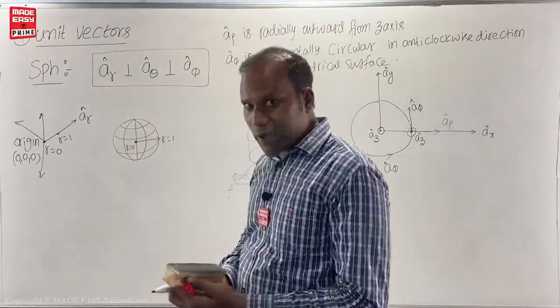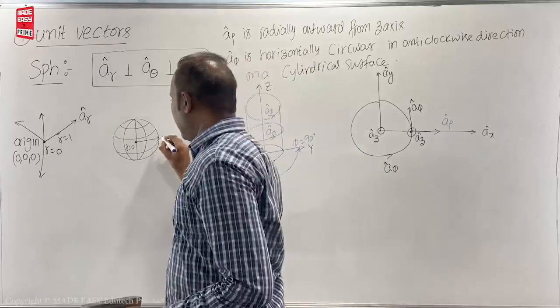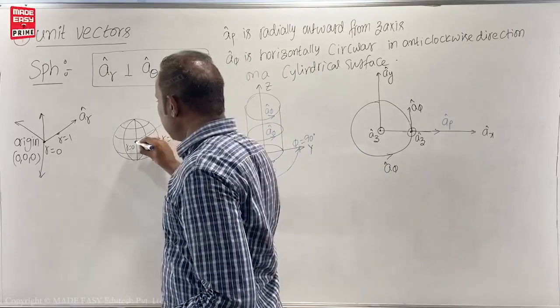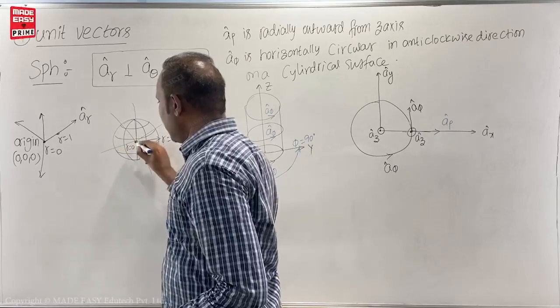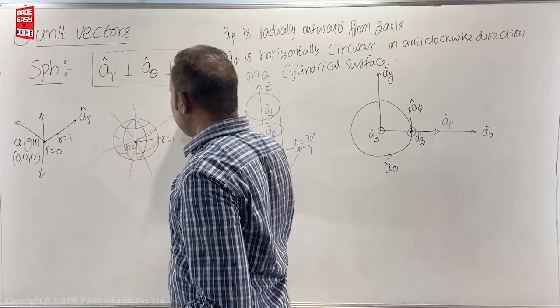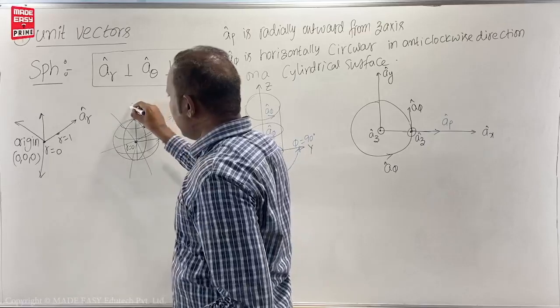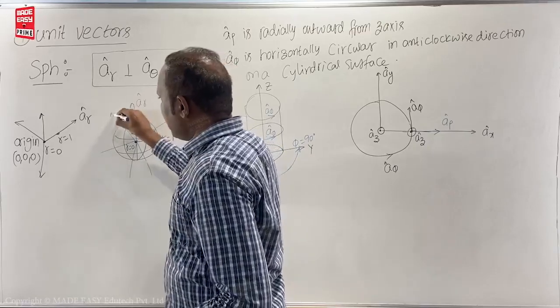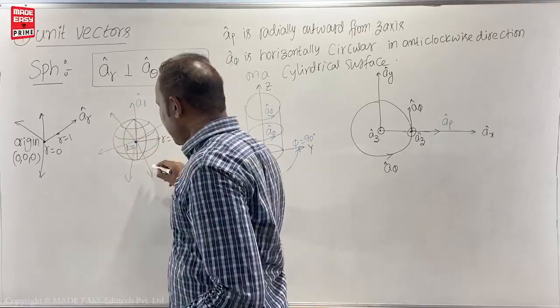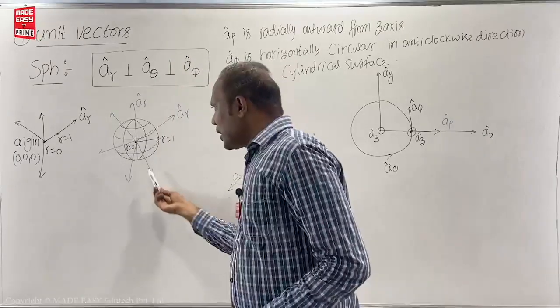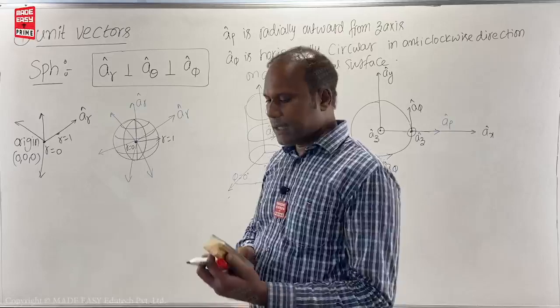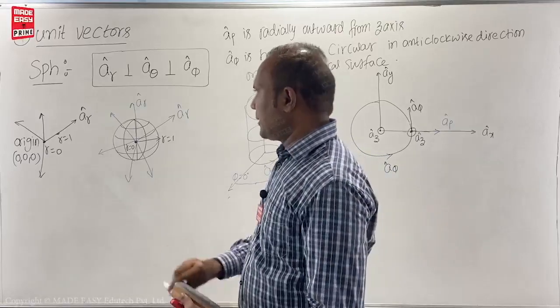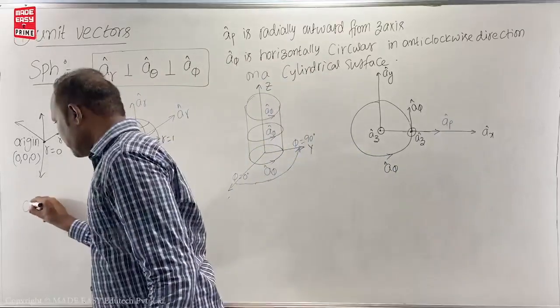Now you go away from this sphere like this, like this, like this. In any direction you go away from this sphere, the radius increases. That is why that is A R cap. And if you go towards the origin, then the radius decreases. That is minus A R.